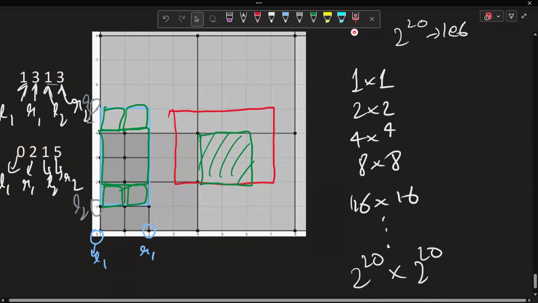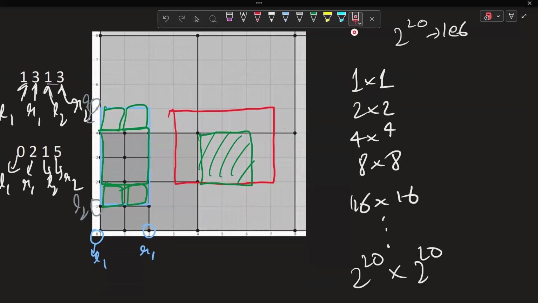So for this, what 2 cross 2 can you do? Your starting point is this L1. If it is divisible by 2, then there would be a 2 cross 2 square starting from here. Where do the 2 cross 2 squares start?